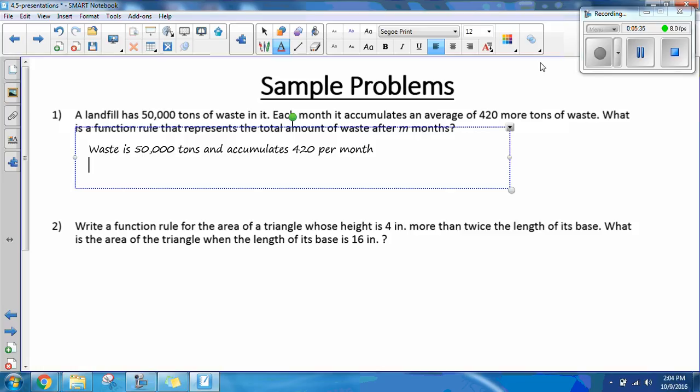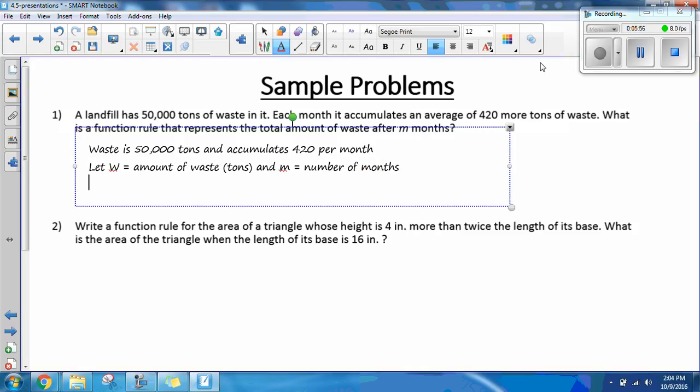Okay, so let's define our variables. Let W equal the amount of waste in tons, and M equal the number of months.